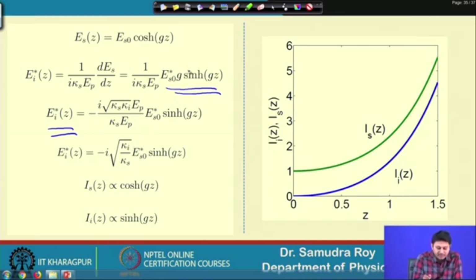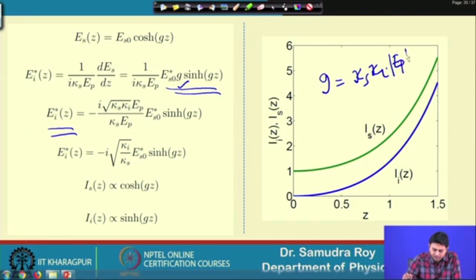Now what I will do is write g in terms of kappa. g squared was kappa_s kappa_I mod of E_P squared. So g was the square root of kappa_s kappa_I times E_P.